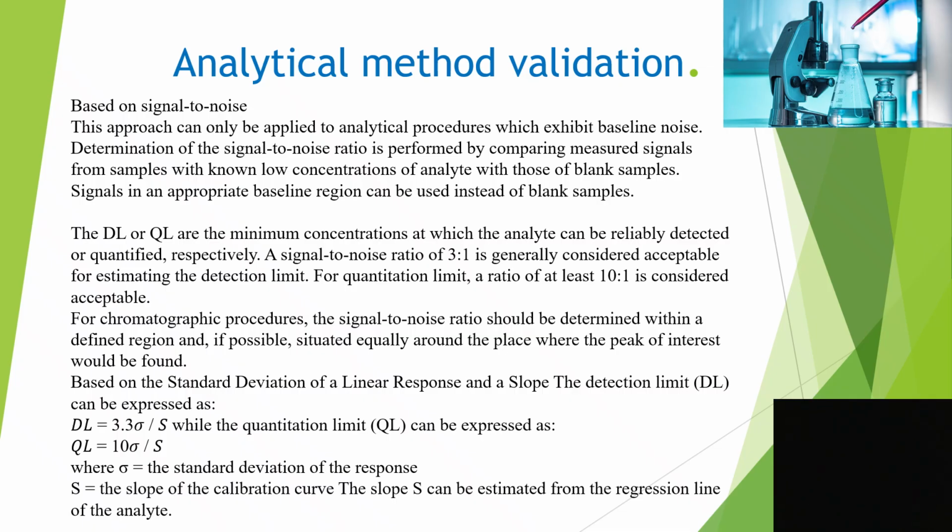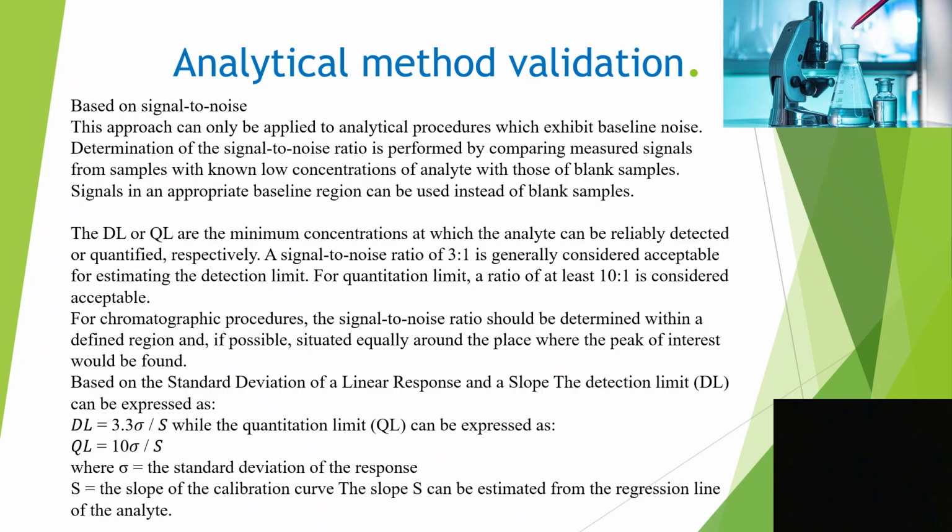Signals in an appropriate baseline region can be used instead of blank samples. The detection limit and quantitation limit are the minimum concentrations at which the analyte can be reliably detected or quantified respectively. A signal to noise ratio of 3:1 is generally considered acceptable for estimating the detection limit. For the quantitation limit, a ratio of at least 10:1 is considered acceptable.